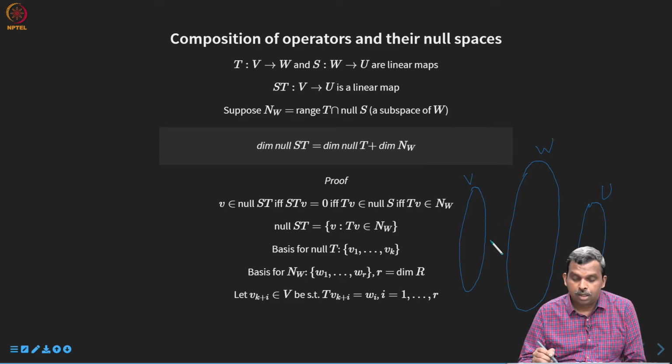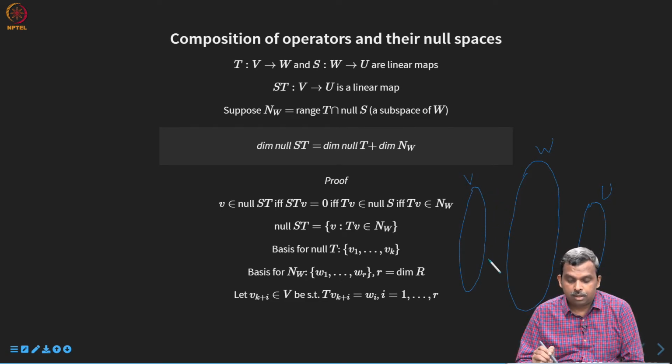isn't it. So, V is the first vector space, T operates from V to W, and S operates from W to U. You have these 2 subspaces here, interesting ones.